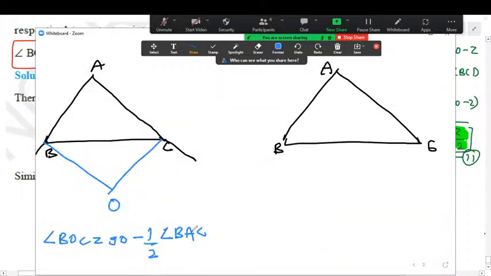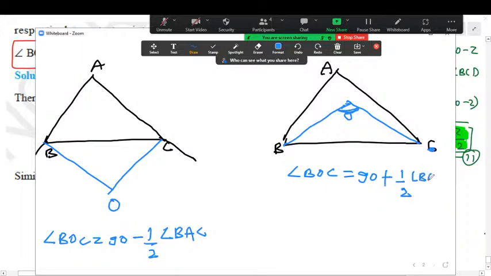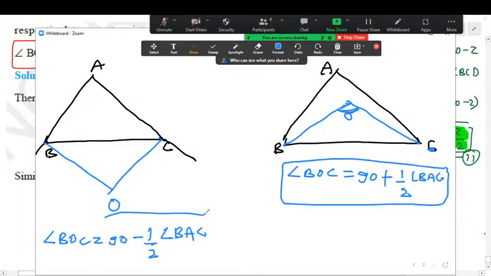But here in this case, we are supposed to consider the bisector of interior angle B and the bisector of interior angle C. Again, let's say you got O, but here the angle BOC is 90 plus half BAC. These are also rules, and this is also the way you need to prove them.